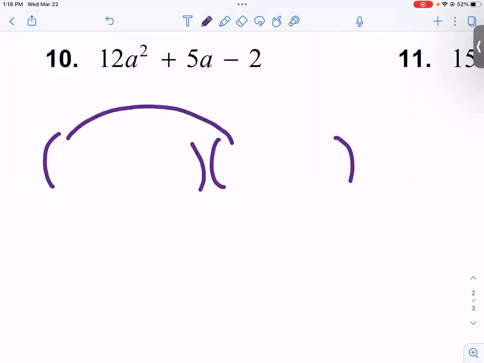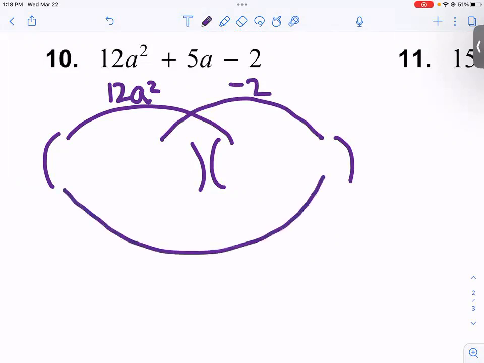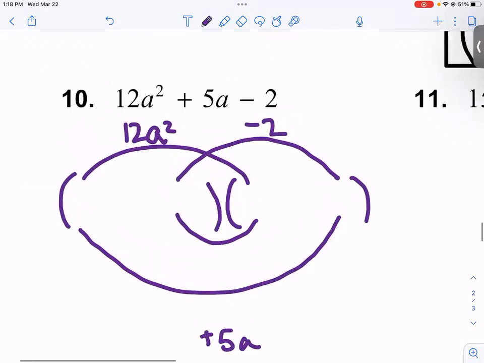Our first product needs to be 12a squared, and our last product needs to be minus 2. Our outside product needs to be added to our inside product to where those combine to a positive 5a. All right, so we have some options here, people.